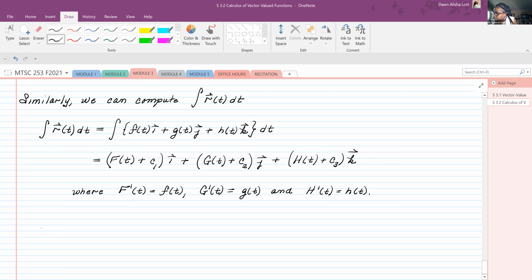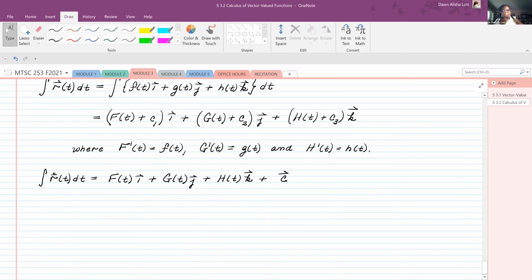So in other words, the integral of r of t dt looks like f of t i plus g of t j plus h of t k plus a vector c, where c is equal to c1, c2, c3.